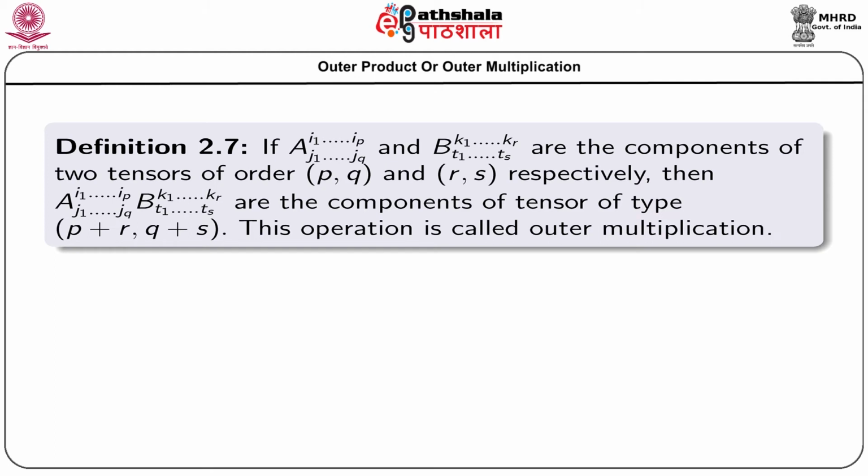This is a multiplication of the components of tensors. If a i1, i2, ... ip, j1, j2, ... jq and b k1, k2, ... kr, t1, t2, ... ts are the components of two tensors of type p q and r s respectively, then the outer multiplication of these components will give rise to a tensor of type p plus r and q plus s.